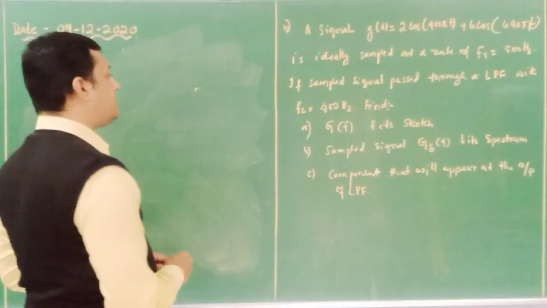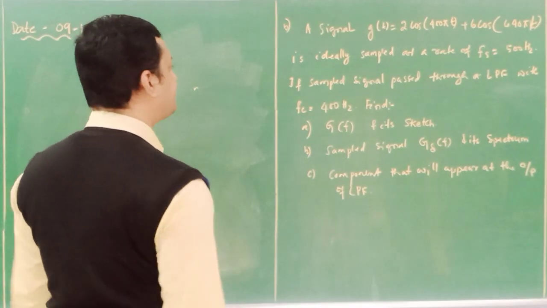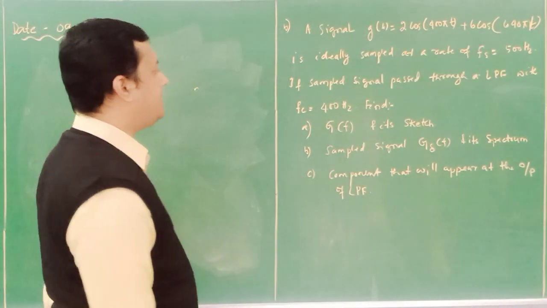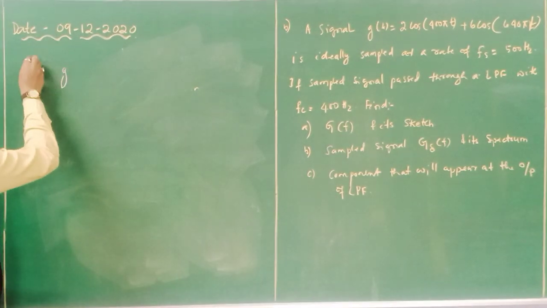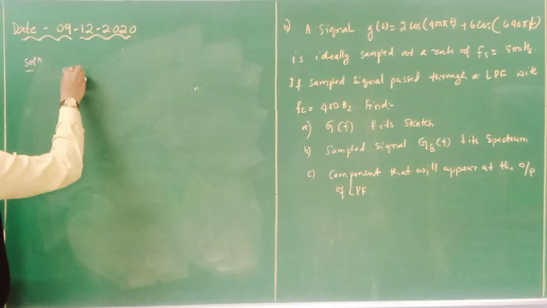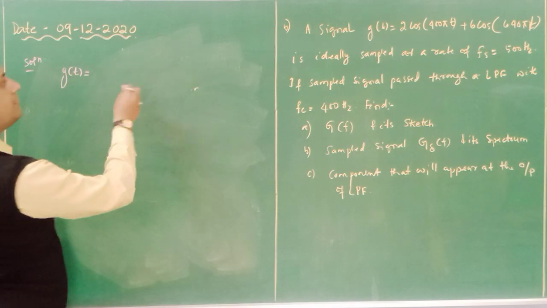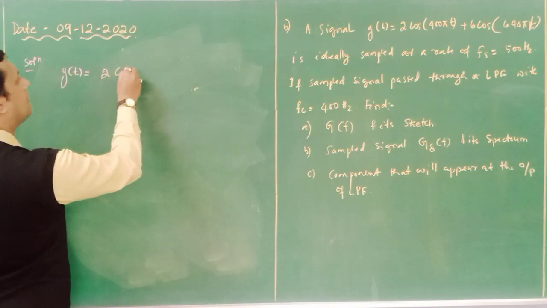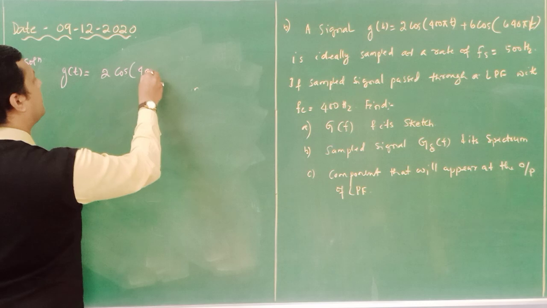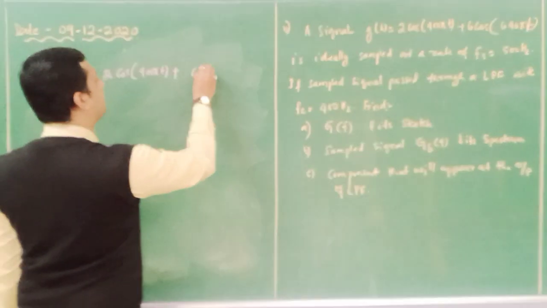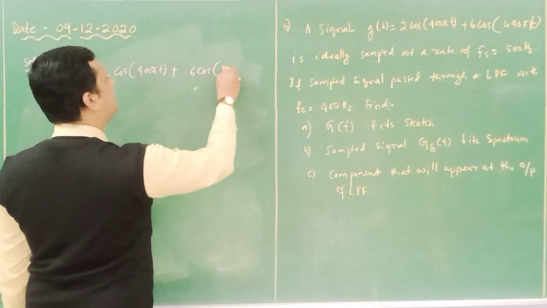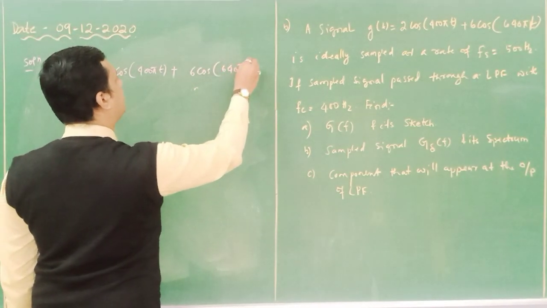So step by step we will see. So first here, what is the given data? g of t equals 2 cos 400 pi t plus 6 cos 640 pi t.